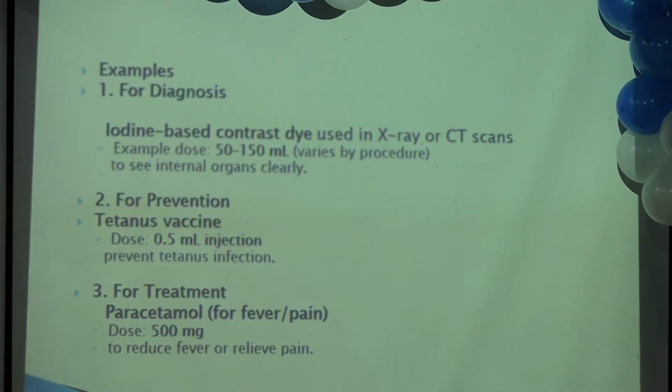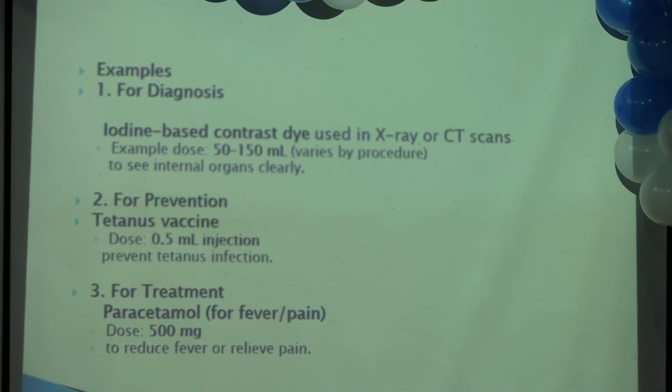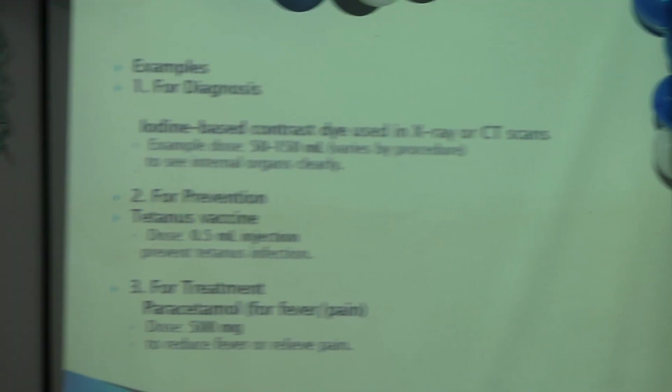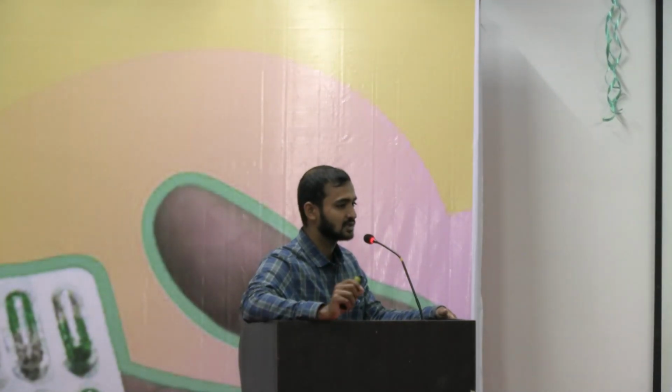Some examples: for diagnosing certain diseases, we use iodine based or contrast based dye. Have you heard the term Barrett esophagus? What is that? In case of GERD, gastroesophageal reflux disease, the esophageal lining changes.